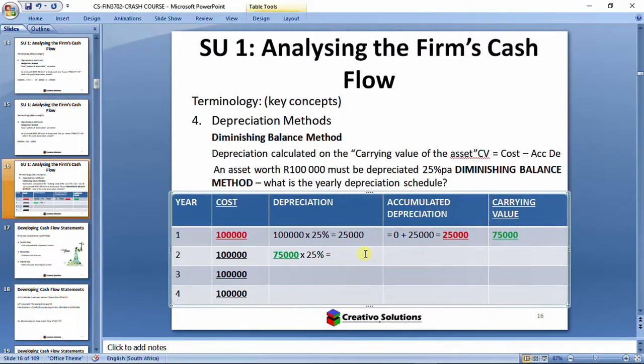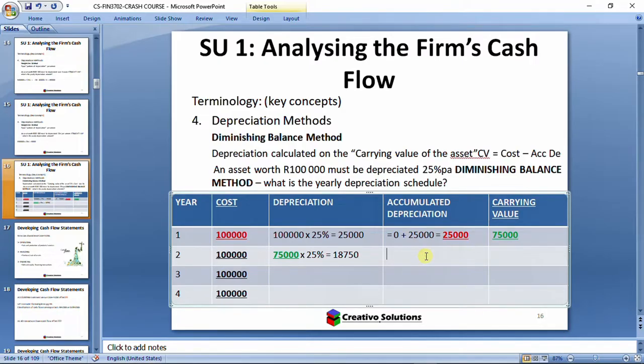What is 75,000 times 25%? What do you get? 187,500. Ooh, that's too big. Too many zeros. 18,750. That's what you're getting. Is that right?